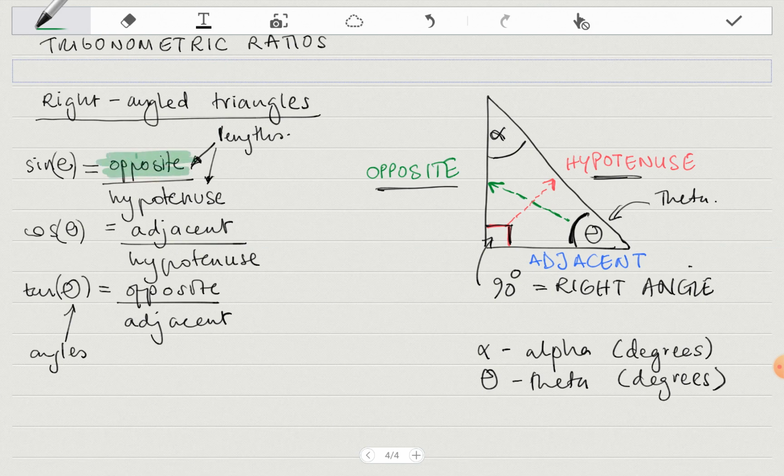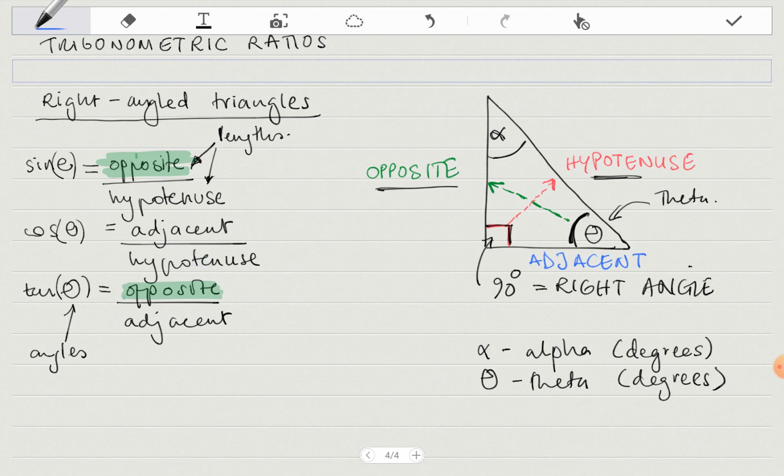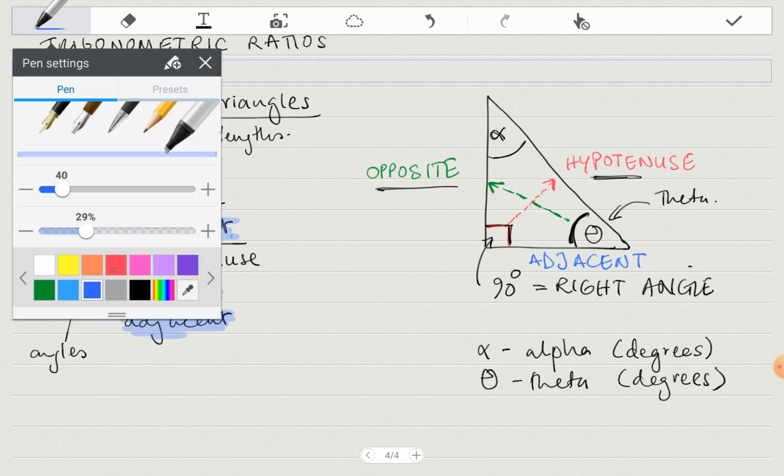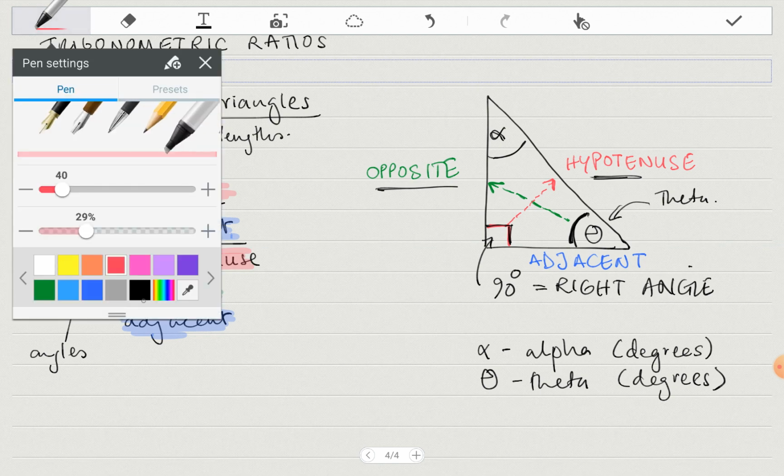The adjacent would be in blue, and then our hypotenuse would be red. So it's just a simple matter of finding the side lengths and the angles.